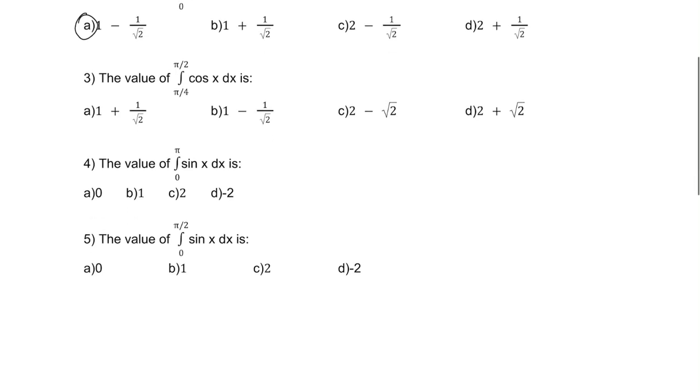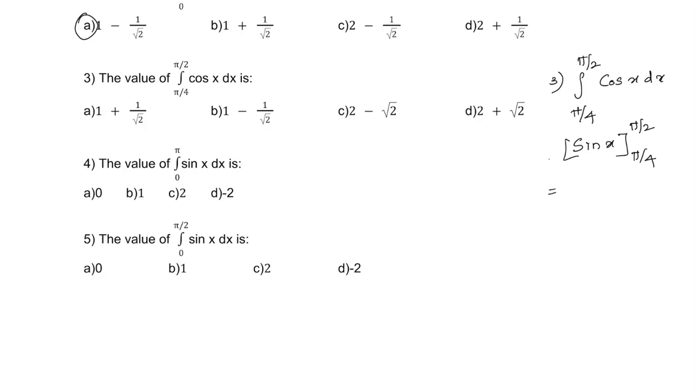Third question. The value of integral pi by 4 to pi by 2 cos x dx. On integrating cos x, we get sin x, limits pi by 4 to pi by 2.